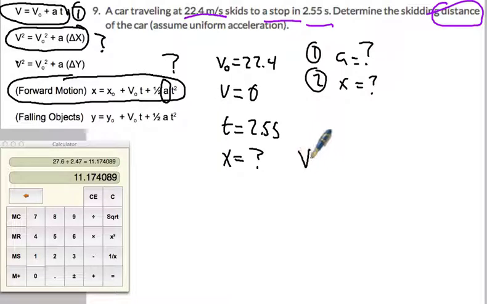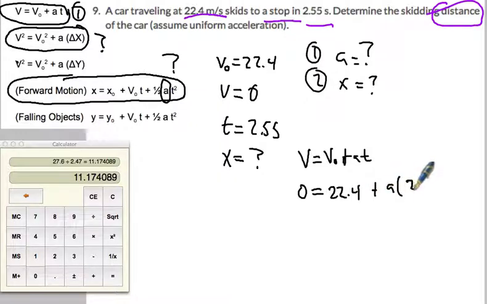So we're going to go velocity equals, solving for acceleration. 0 equals 22.4 plus acceleration times how many seconds? 2.55. Move this one over.